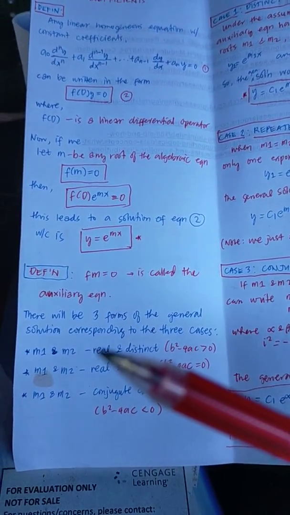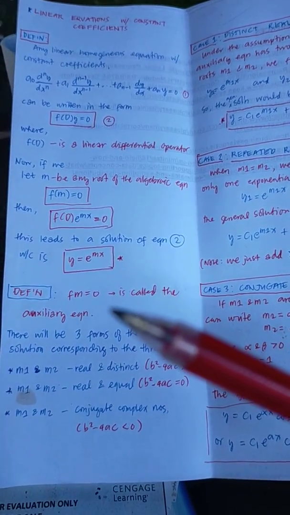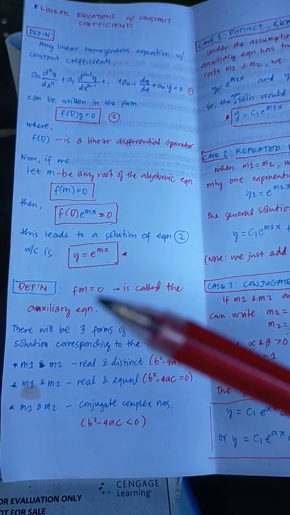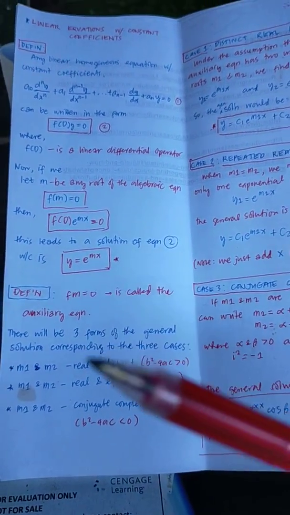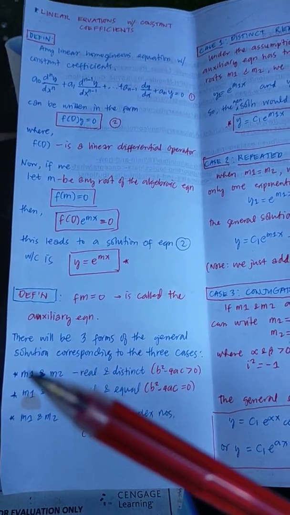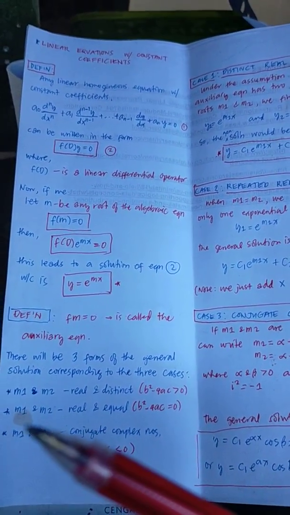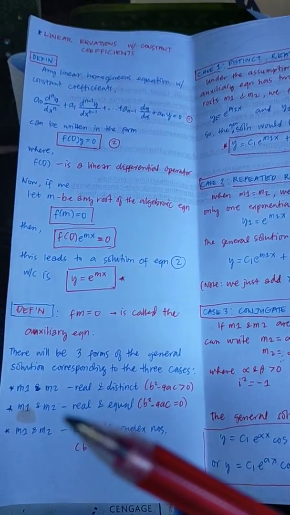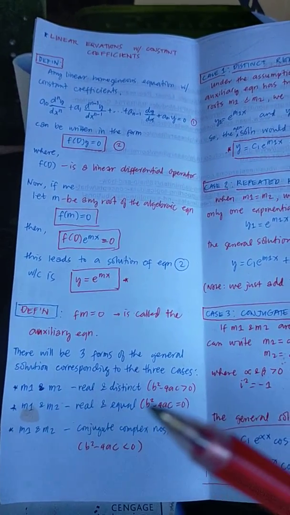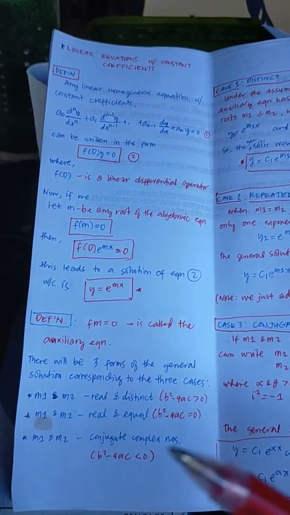Now, when you come up with the auxiliary equation class, there will be 3 forms of the general solution corresponding to 3 cases. So tulo ang atong possible nga makita, no? First, if ang roots sa equation nato m1 and m2 are real and distinct. Case 2, if m1 and m2 are real and equal, and case 3, m1 and m2 are conjugate complex numbers.